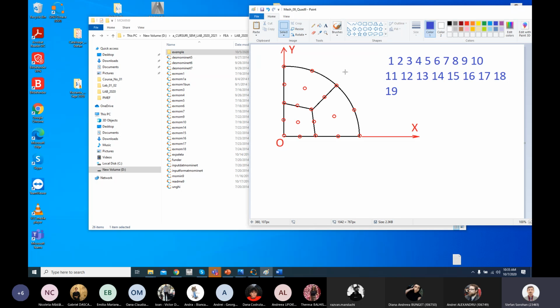So it is not important which node is one and which node is the last one. So I will take one here on this point, node 2, let's say here, node 3, let's say here, node 4, maybe, I need a tablet.